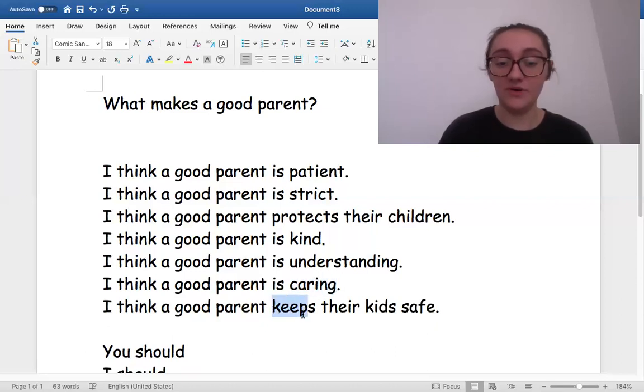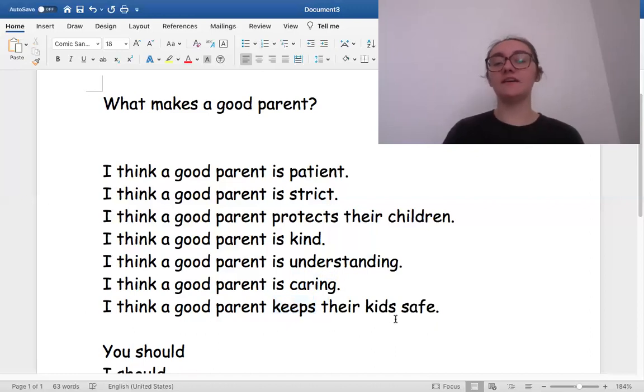I just said keep, and I put an S at the end. I think a good parent keeps their kids safe. So you can use just a simple tense verb, right? I think a good parent protects.